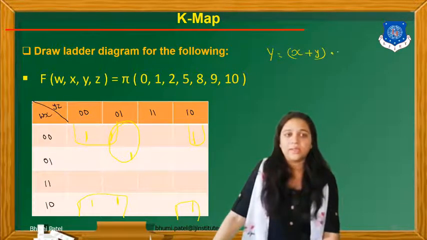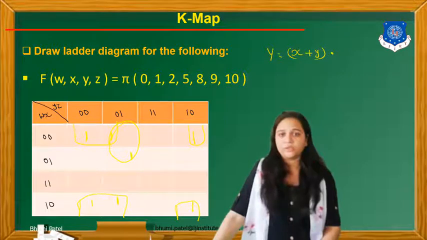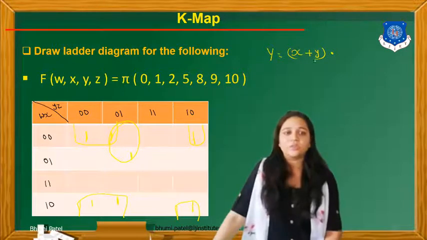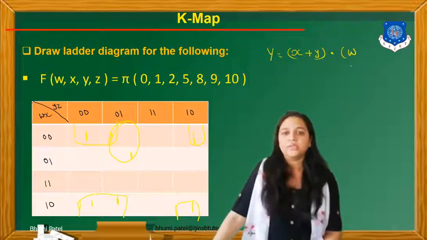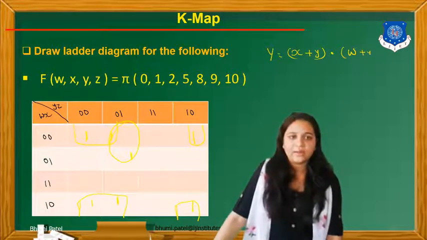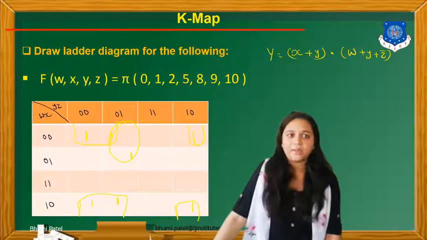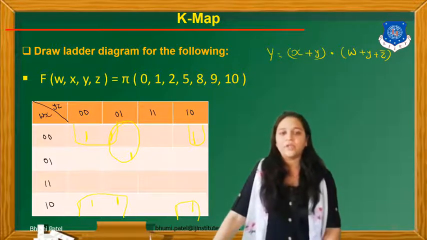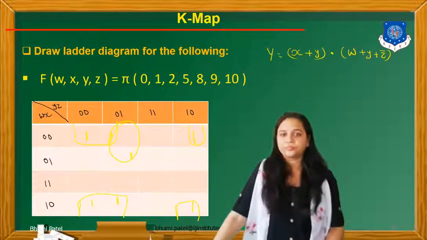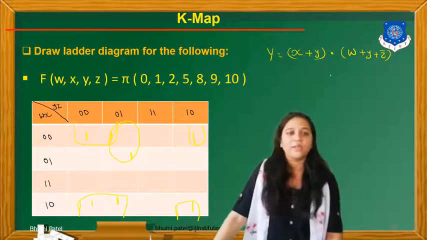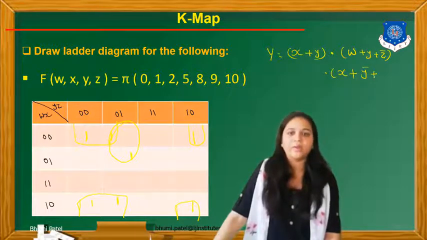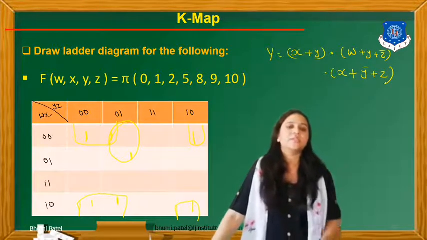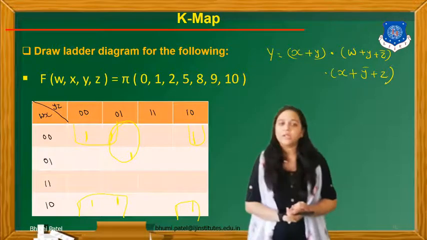Then for this 2, 1, 0 is common and 0 for omega, and for this plus y plus z complement. And for this 2, 1, 0 is common and 0 for x, so x plus y complement plus z. So this is my equation for this particular K-map.